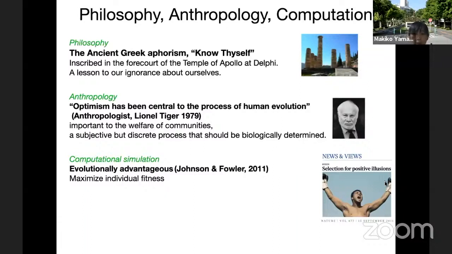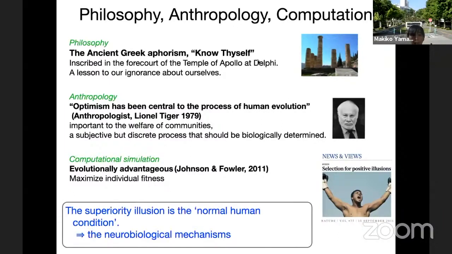And in 2011, a computational simulation showed that the positive illusion is evolutionarily advantageous and maximizes individual fitness. Therefore, this indicates the superiority illusion is a normal human condition, which has to have a neurobiological mechanism.